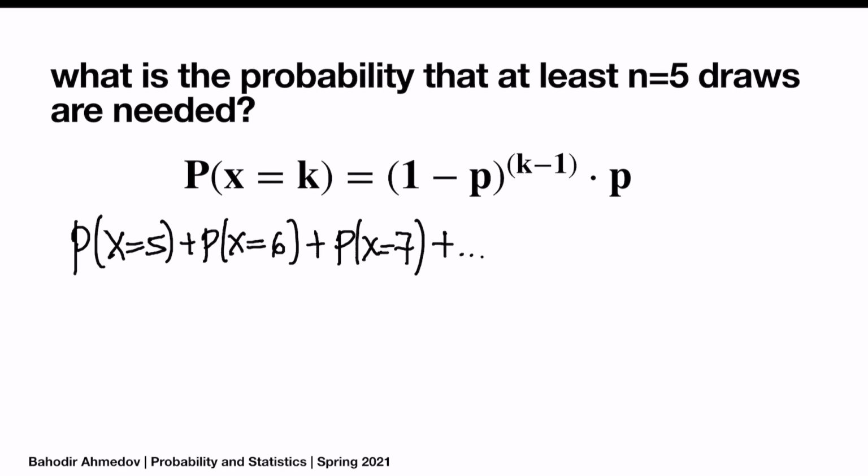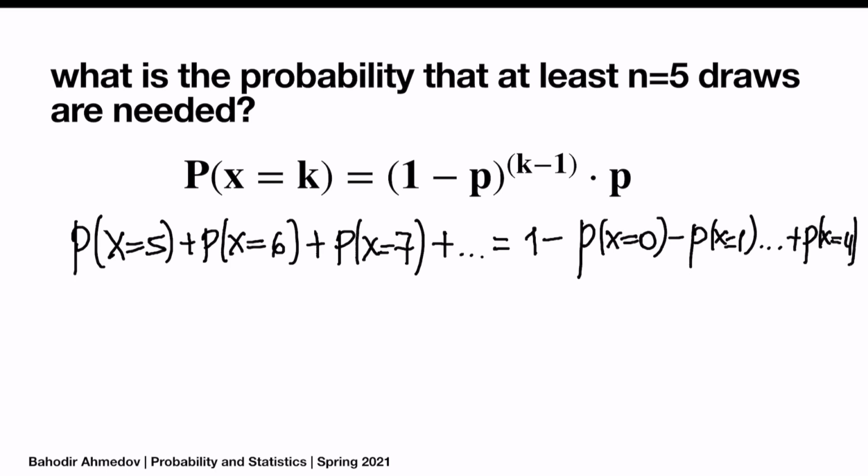So at first glance you might think that it is difficult to find this, because previously whenever we had this kind of sums, we found them using the complement, right? So do you remember what is the complement of this event? It is going to be 1 minus the probability of x equal to 0, 1, until 4. So we can find this probability, right?